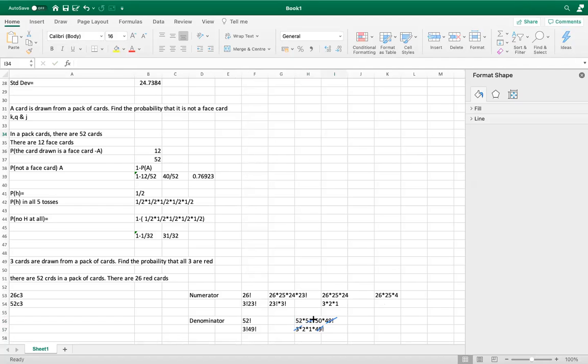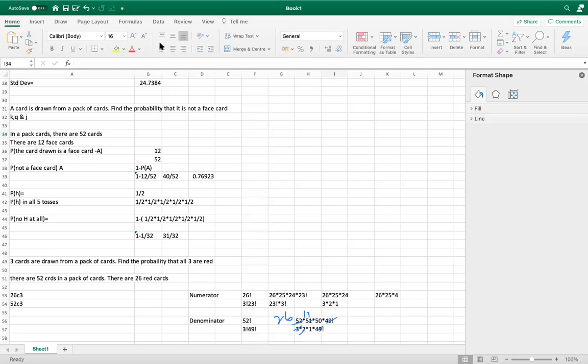This is going to be 17. ये वाला 17 होगा. Okay, and then 52 strike off, 26 उसके बदले, ठीक है? And then strike this 2 off from the numerator.